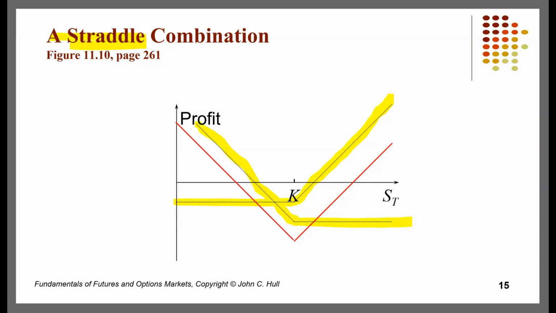Now, the idea with this straddle is that you're expecting a large price change, but you just don't know in which direction it's going to go, right? So if the stock price is increasing largely, then you are exercising your call option. If the stock price is decreasing sharply, then you're exercising your put option. That's essentially the idea. The combination of two forms a straddle, at the same strike price and same expiration.